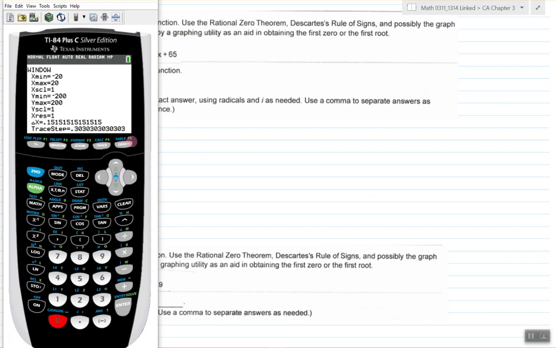I do know the y-intercept is 65. This is probably not going to give me the picture I need. Remember, thinking about a W. Well, what do you know? All right, not the worst thing in the world. I definitely don't need to go this far down, but I need to go further up. So back to window.